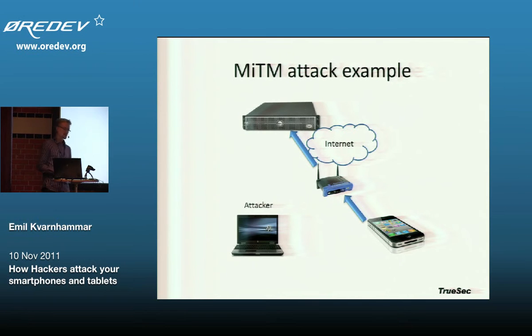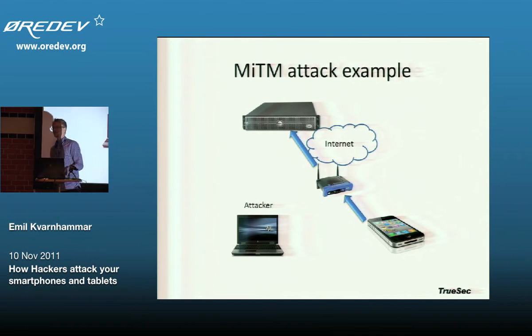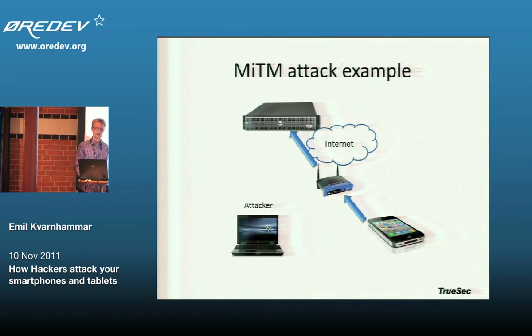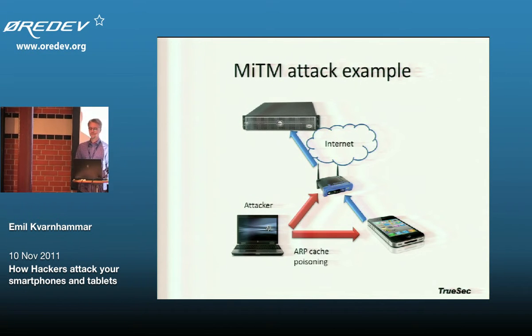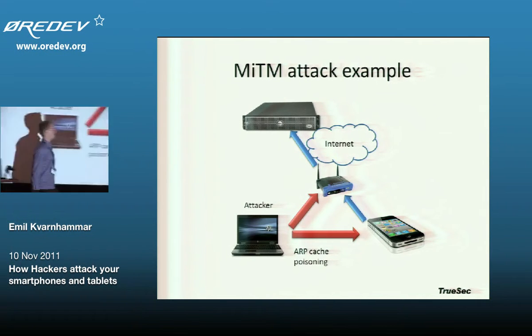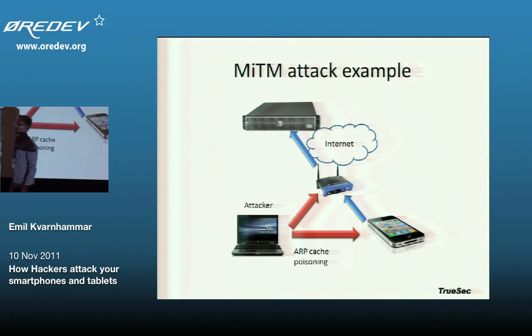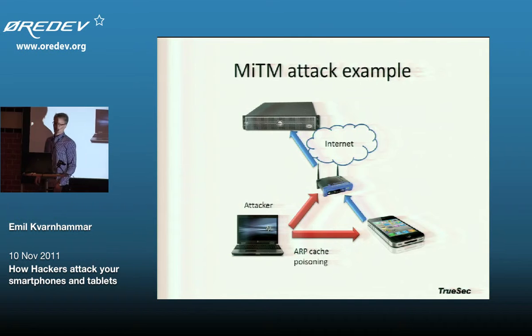Before I talk about the third example, I'd like to illustrate what a man-in-the-middle attack is, because you might have heard of it, but never seen the concepts behind it. One way of doing a man-in-the-middle attack, from an attacker's point of view, is doing ARP cache poisoning on both the device and the switch or the router that is controlling this network.